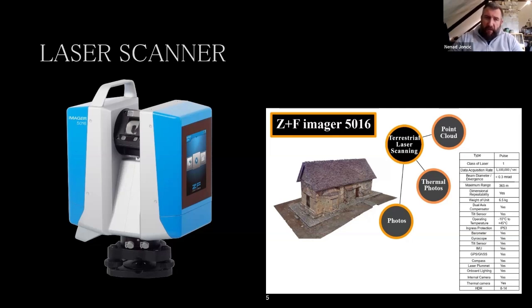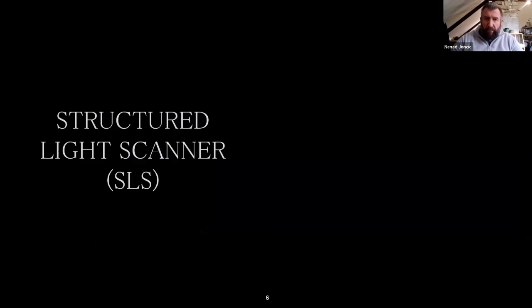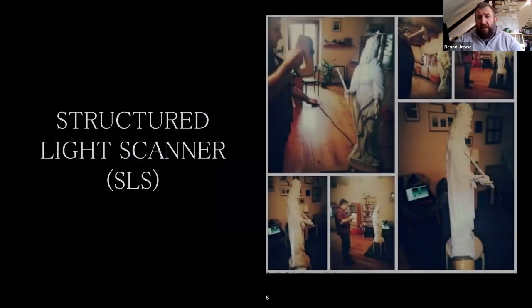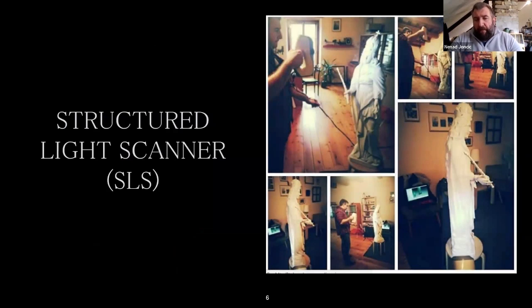So in some ways, those two techniques can be used in similar situations. The structured light scanner is very precise, with very good results, but not for very big things and very big monuments. It can be used for monuments and small finds.